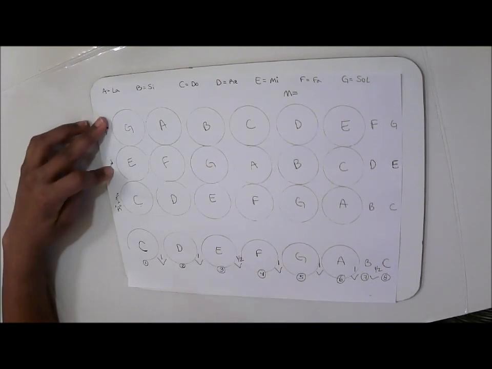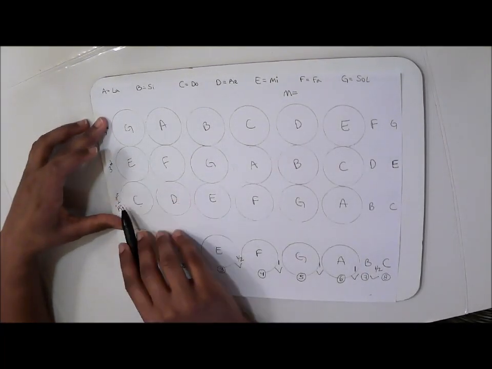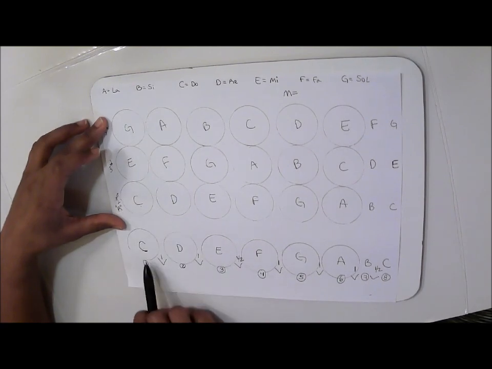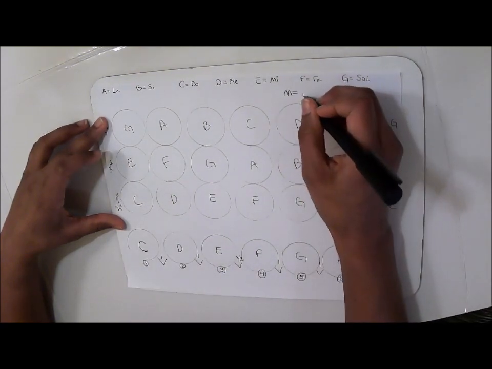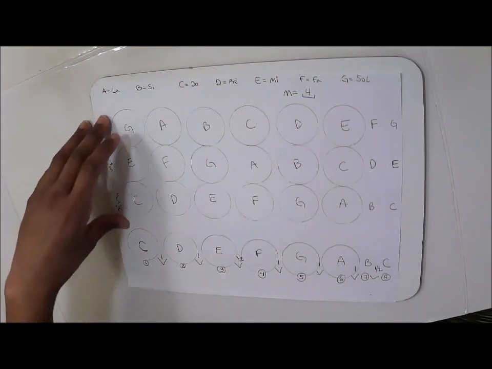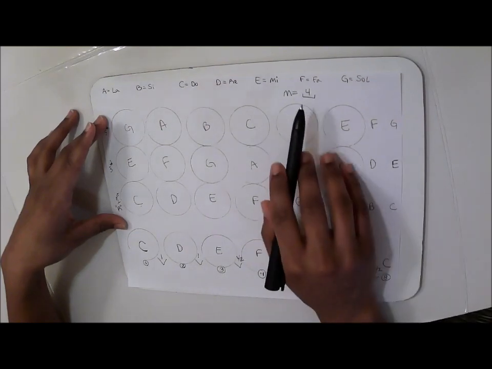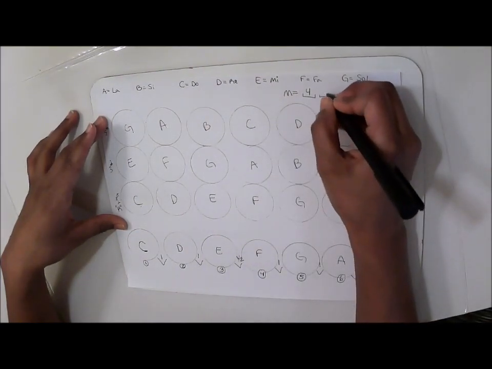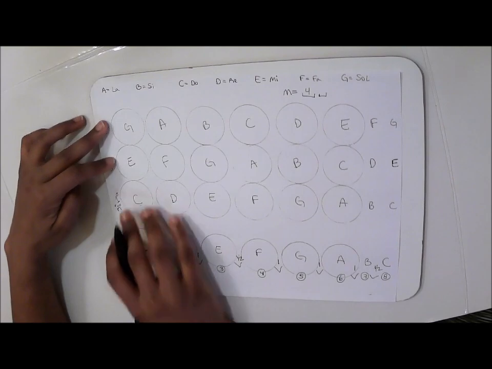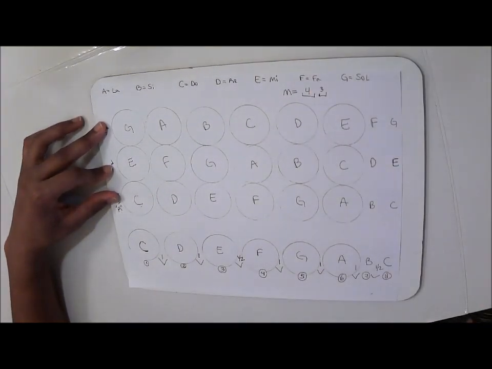For the major chord, from the root to the third, you want 4 semitones, which is the same as 2 steps or 2 tones. And from your third to your fifth, you want 3 semitones.